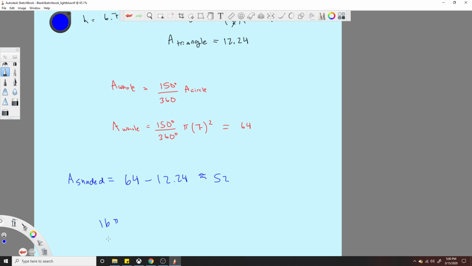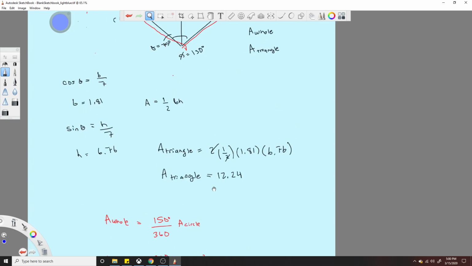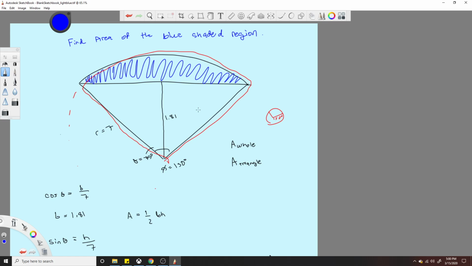You'll get it in terms of pi, and all you'd want to do to make sure this answer is correct is just go 16 times 3.14, roughly equal to 52. And that's how you'd solve that problem. The reason they put it in pi is some people solve it a different way that results in pi, but you don't want to always depend on having the same form of answer. You just want to have the same number. So I hope that helps.